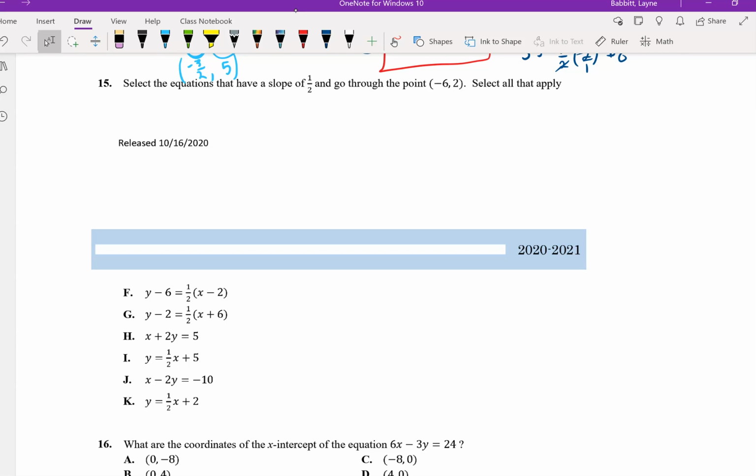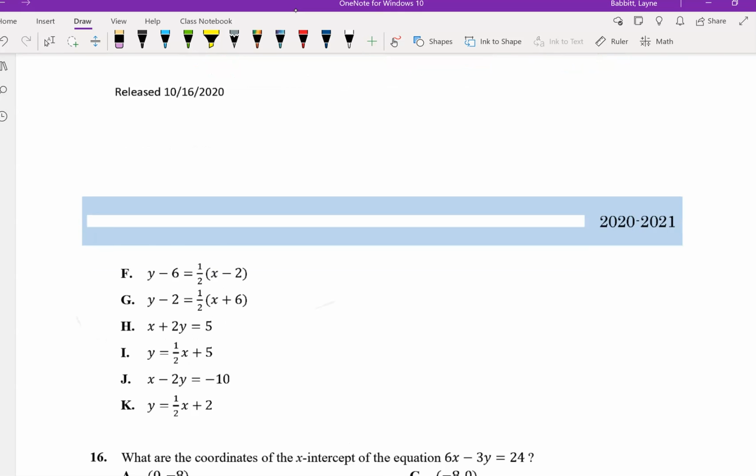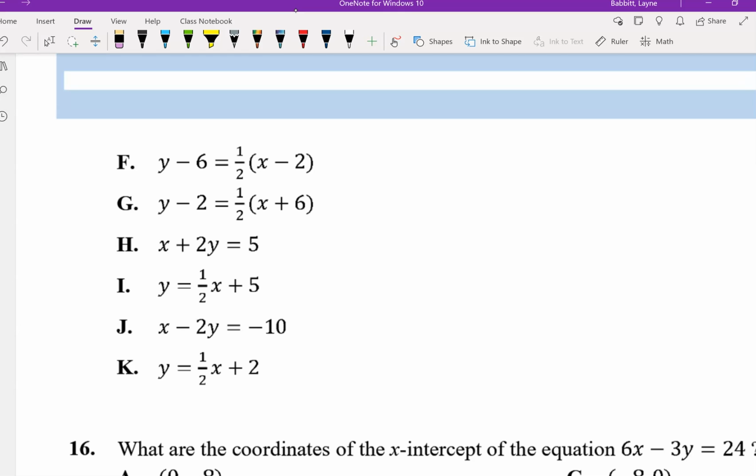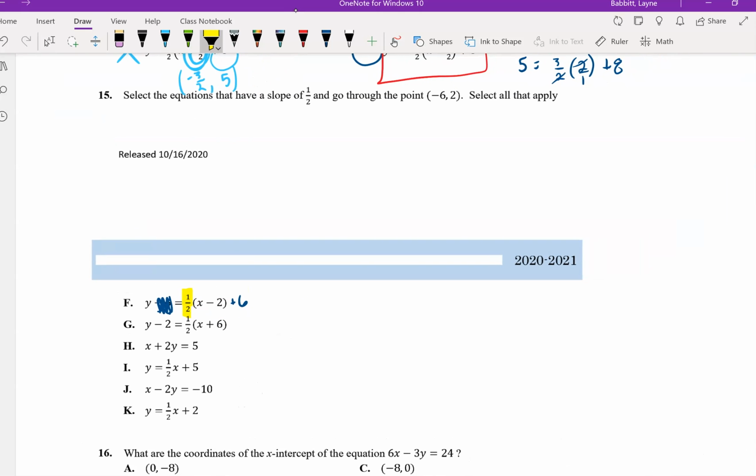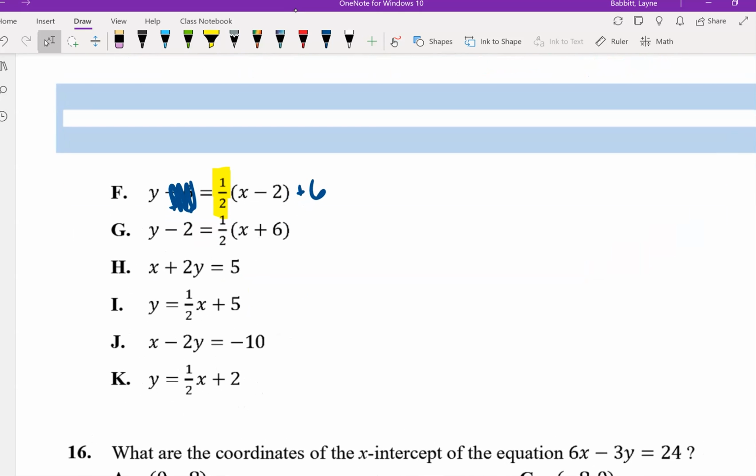Yeah, I think that's what I'm going to do. So F, this is written almost in HK form. What I'm going to do is I'm going to move the 6 to the other side. Now that's in HK form. So this one does have a slope of 1/2, so that's good. And then in a minute we'll check and see if it also contains the point, negative 6, 2.